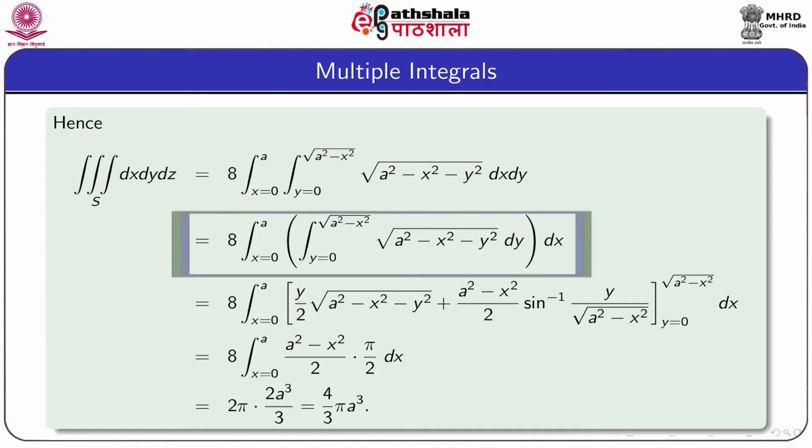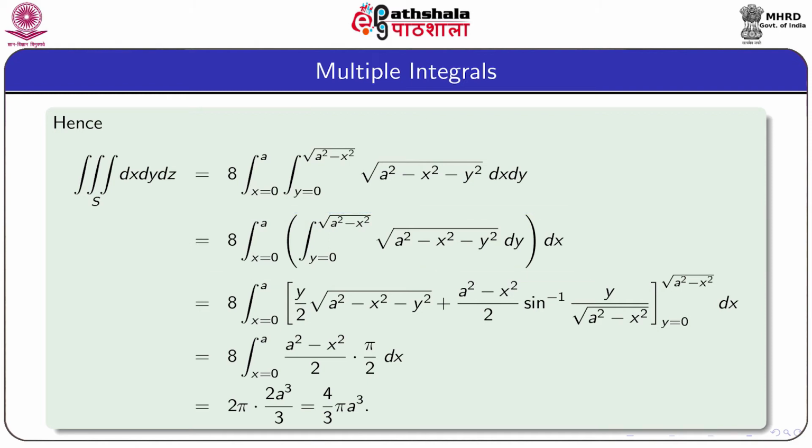And this equals the integral x equal to 0 to a, integral y equal to 0 to square root of a^2 minus x^2 of square root of a^2 minus x^2 minus y^2 dy, and this integral is integrated with respect to x.